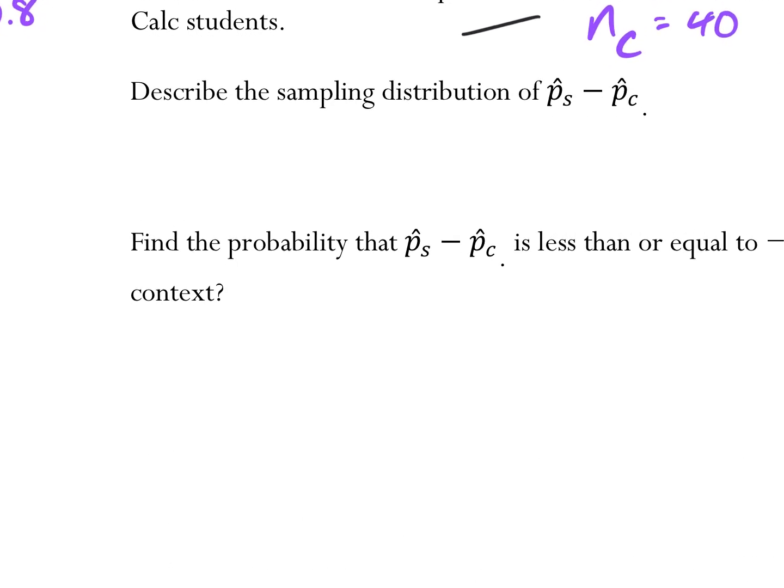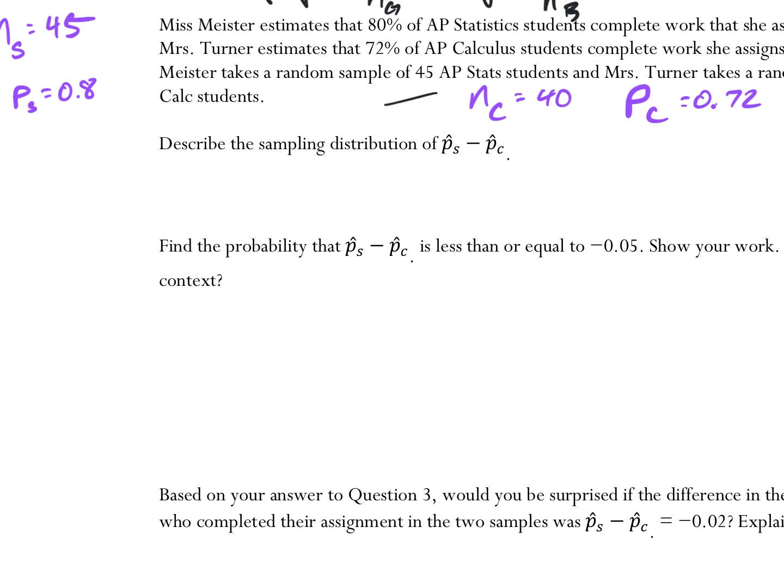For stats, my np would be 45 times 0.8 and 45 times 0.2. For calc, it would be 40 times 0.72 and 40 times 0.28. I think I already screwed up. So I think we get 36 and 9.